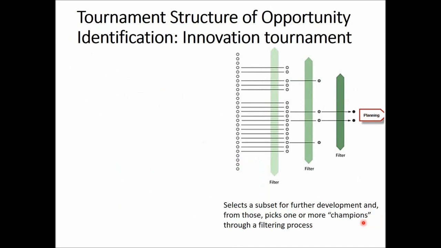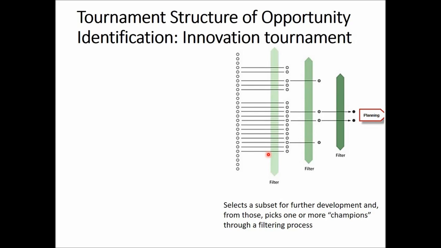Now for opportunity identification, we use a specific technique called tournament structure. That is basically you start with many solutions, as we said earlier, and we send these solutions through different filters. The filters mean we could look at the quality as a filtering technique.